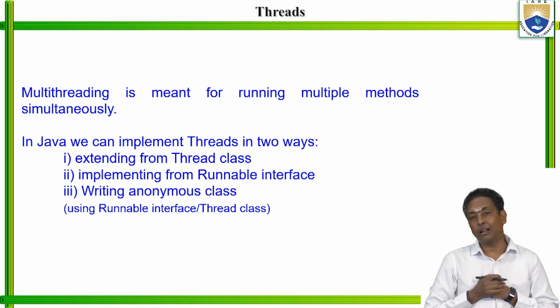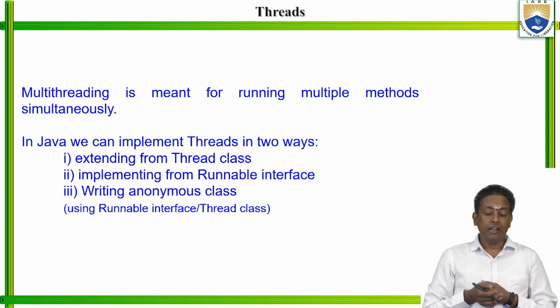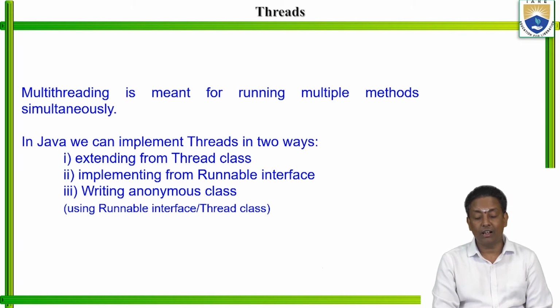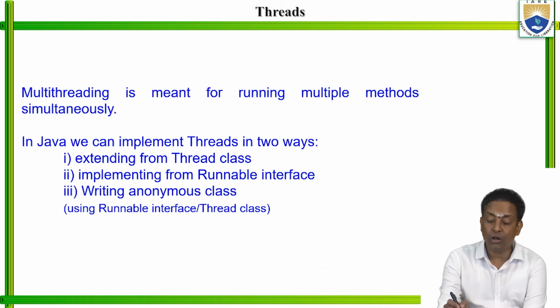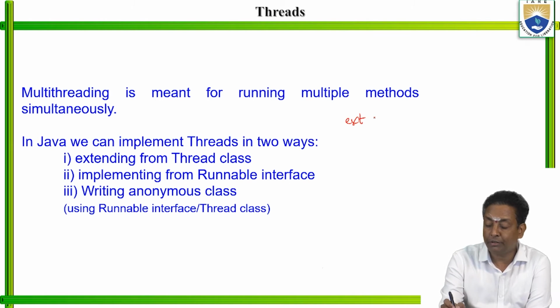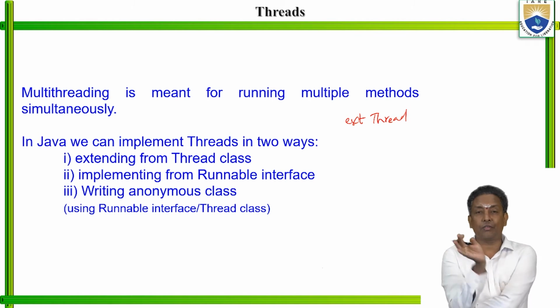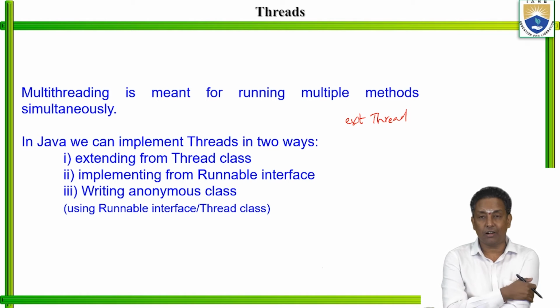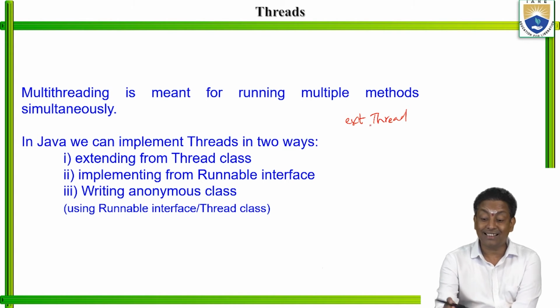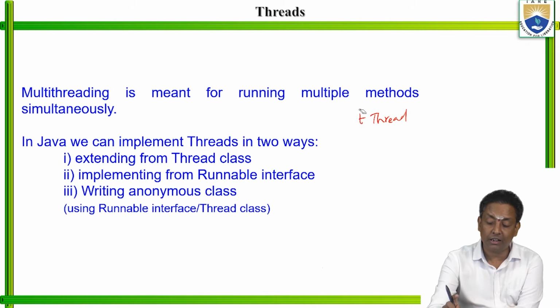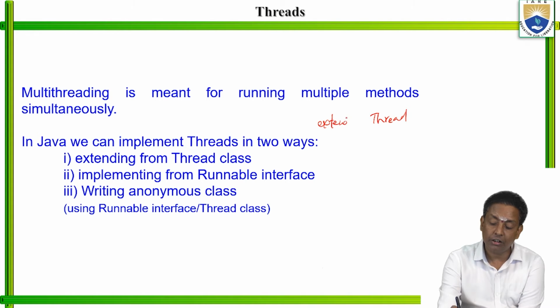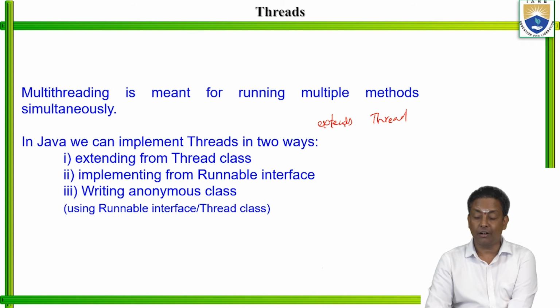So how to write a thread then? In Java, we can write a thread in 3 ways. One is by extending from the Thread class. We know in Java we have 2 types of classes: class and interface. If you want to inherit from a class, you need to use the extends keyword, extends Thread.